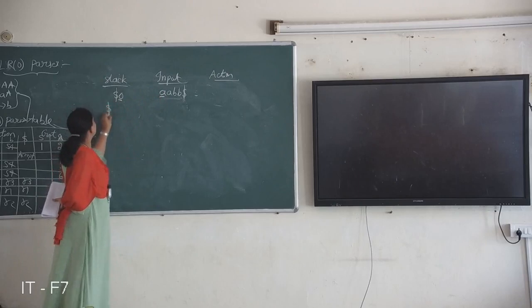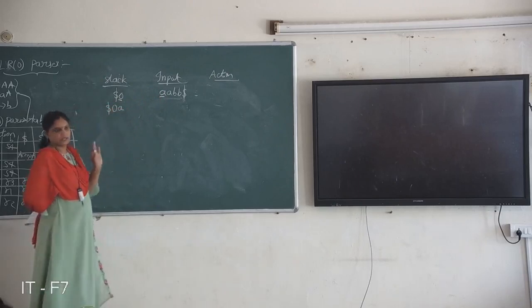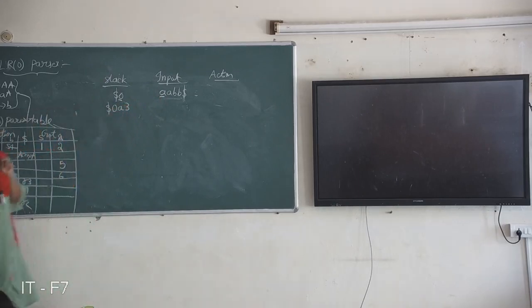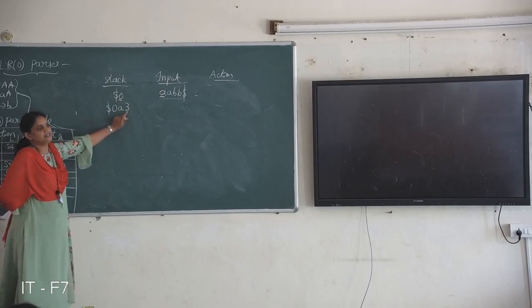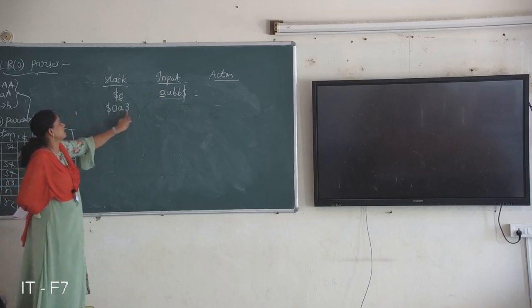So $0 A. A stays as it is, and it changes the state to 3. We shift, and at the same time you change the state 0 to 3, so push that also. We are shifting A, and at the same time 0 on A goes to state 3.